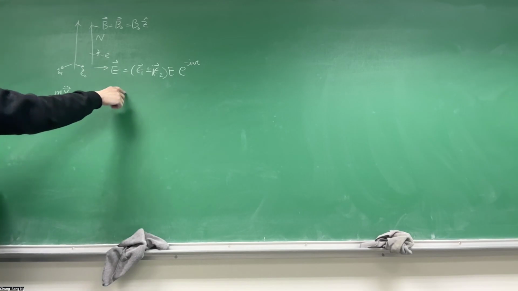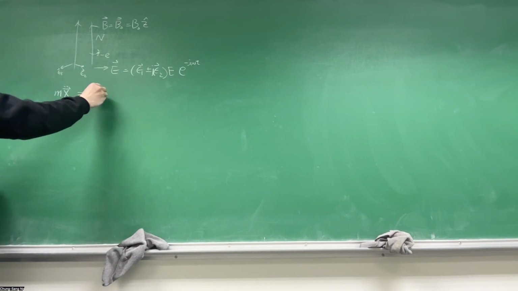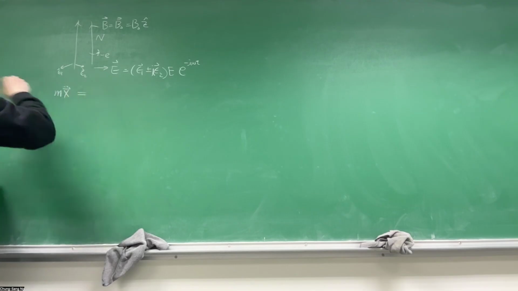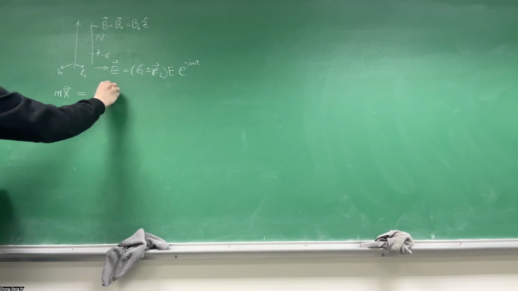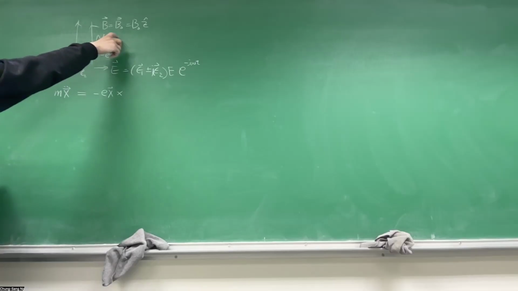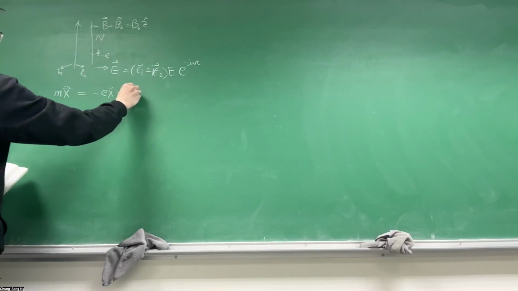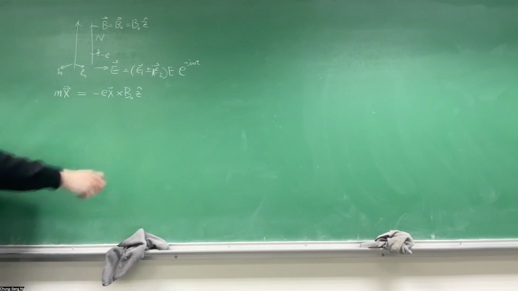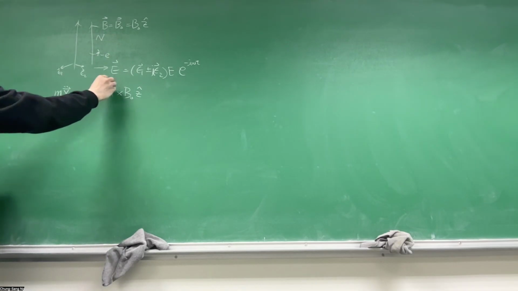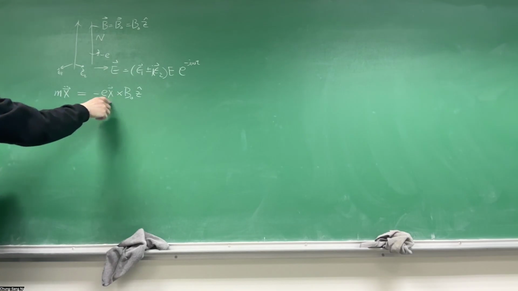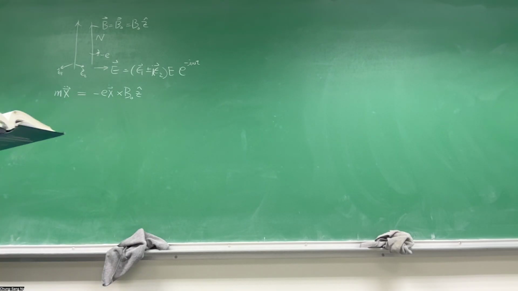The force has the magnetic force, with charge minus e and velocity x dot, cross B. And for B, we are using just B0, not including the wave magnetic field. The assumption is that the wave magnetic field is much smaller than the uniform magnetic field.